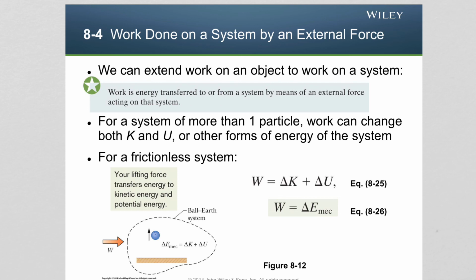Or in other words, the work done by the external force will be equal to the change in mechanical energy of the system. Now notice that since the work done by the external force is not 0, the change in mechanical energy is not 0 either.